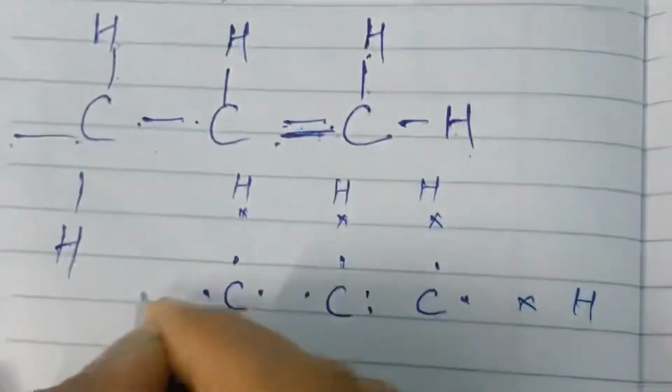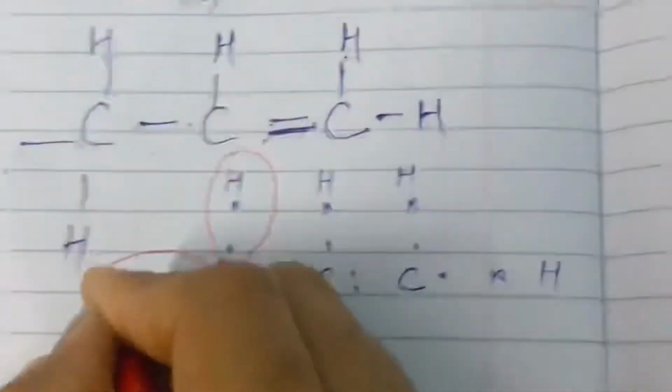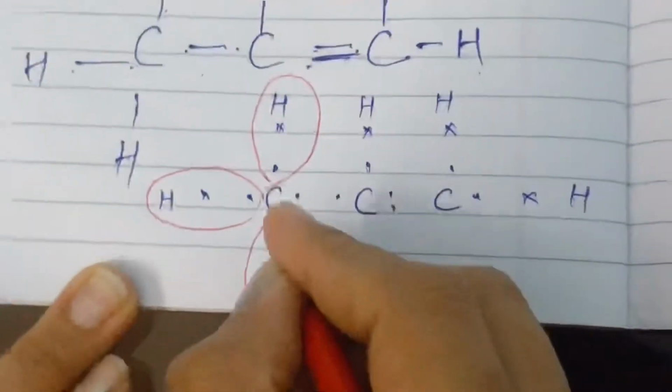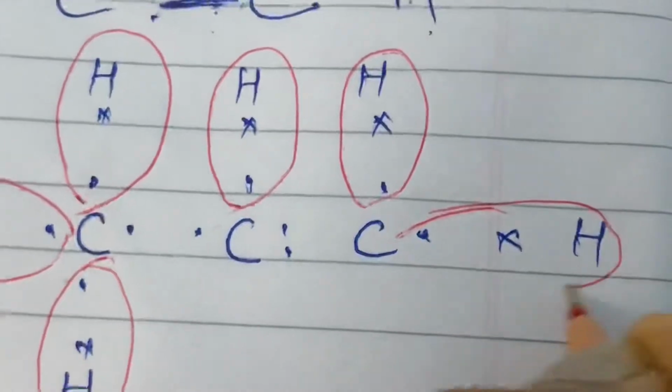And obviously it needs a lot of practice too. So let's start, encircle them. This hydrogen is pairing up with the carbon electrons. This hydrogen will also pair up, this also, and this will also.